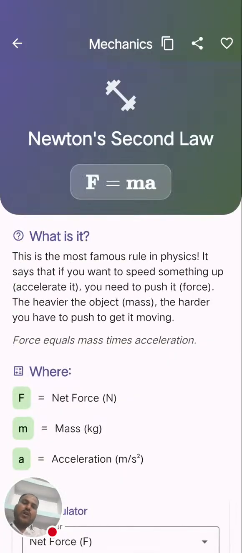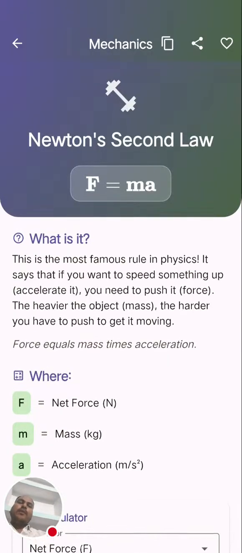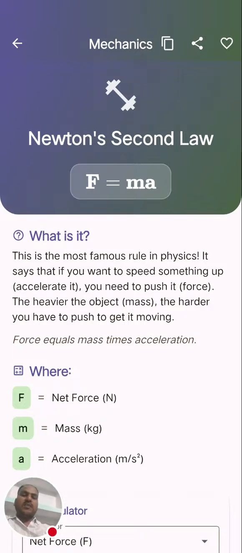Now next we are going to discuss Newton's second law. Newton has given three laws. What is the first law?